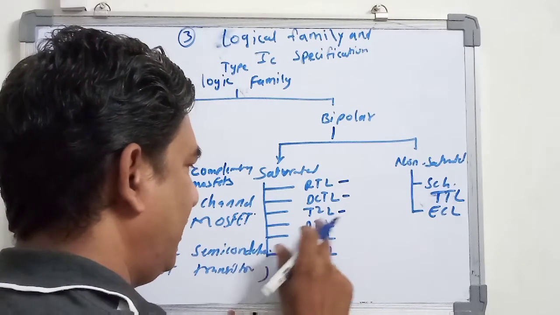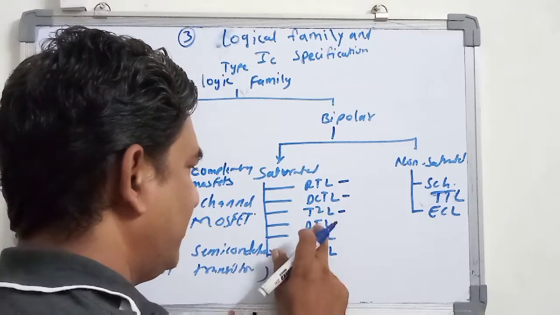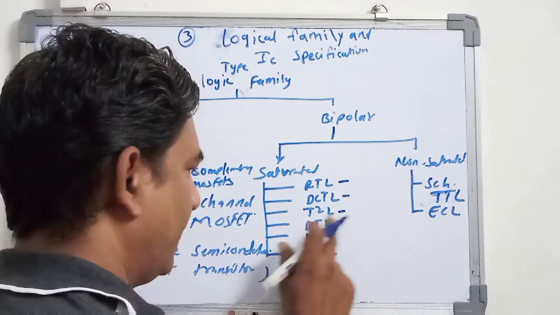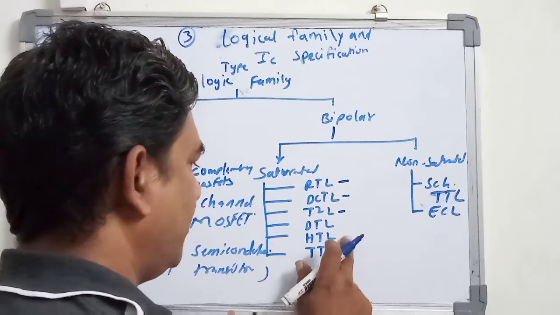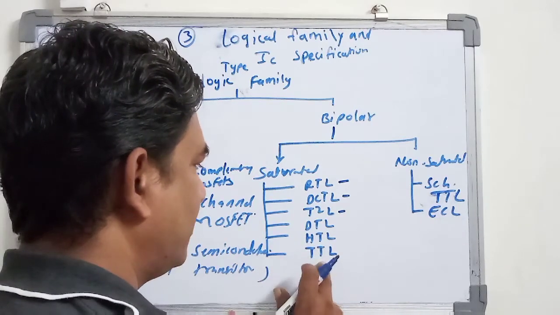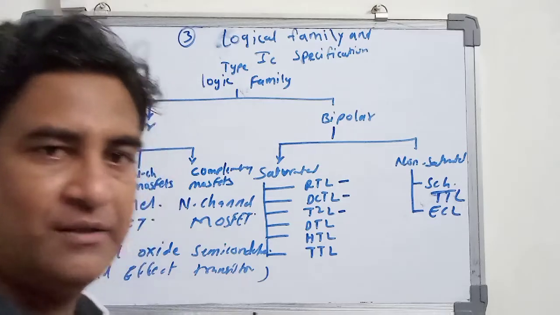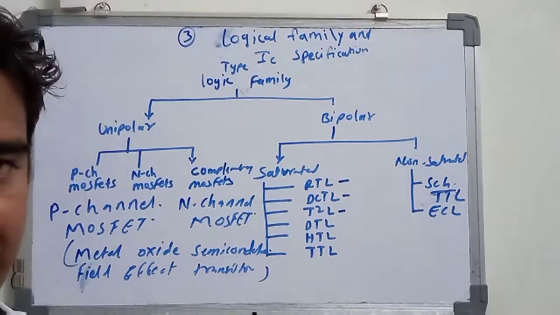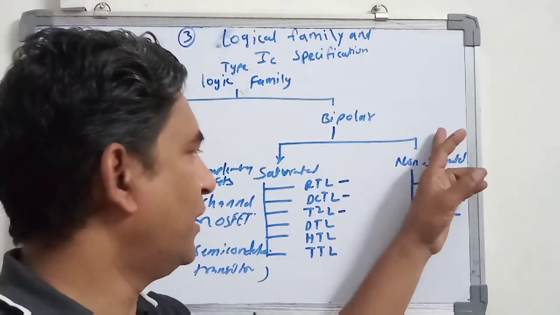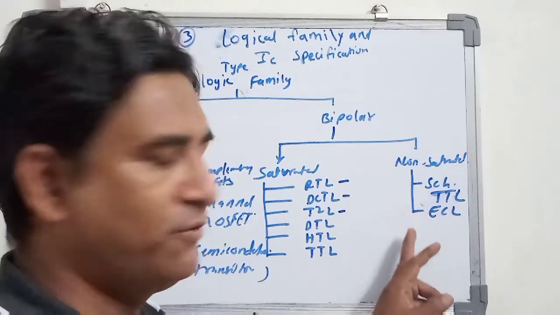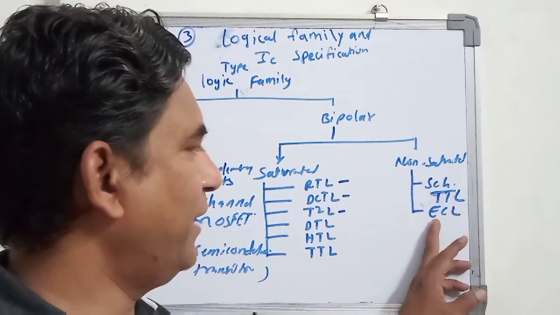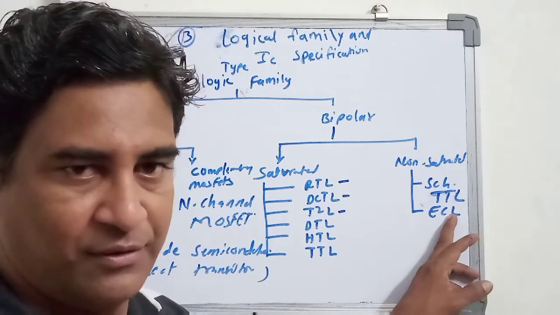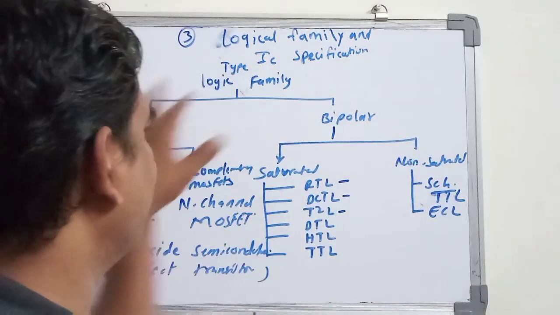Then DTL, diode transistor logic. Then a high threshold logic. Then transistor transistor logic. So it is having the different full forms like this. Then the non-saturated has been classified into the two types, that is the Schottky TTL and the ECL, that is the emitter coupled logic. Okay, so it is a classification.